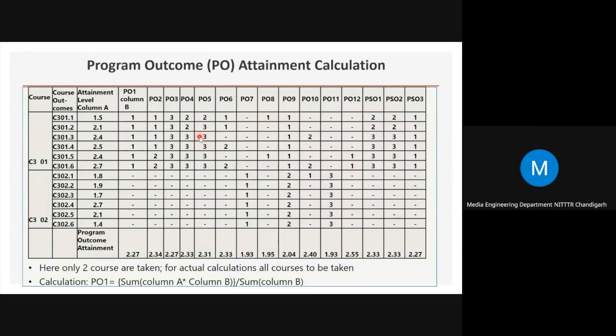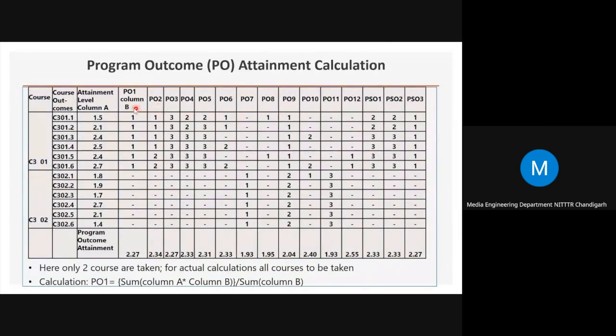Let's see this PO9 attainment calculation, or for that case, first let's see PO2. For PO1, we have multiplied these CO attainment values with this PO1 column, which has been written as column B. The formula for PO1 is the sum of column A into column B divided by the sum of column B. Now, when we want to calculate the attainment for PO2, again it will be the sum of column A into column B, but in that case, column B will be the PO2 column.